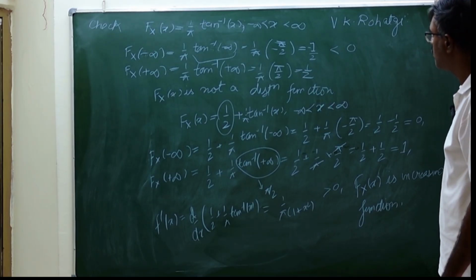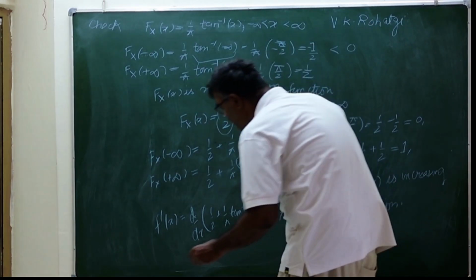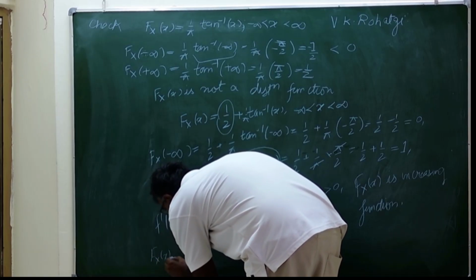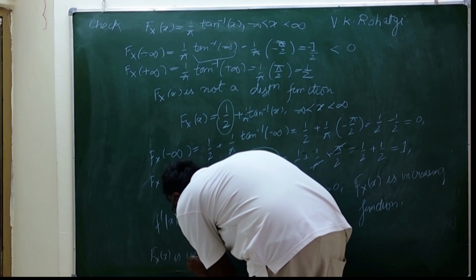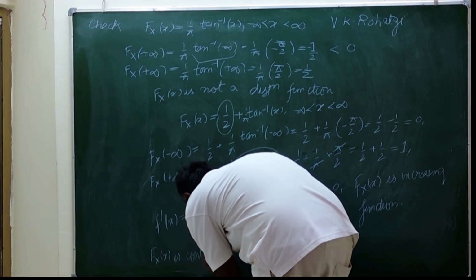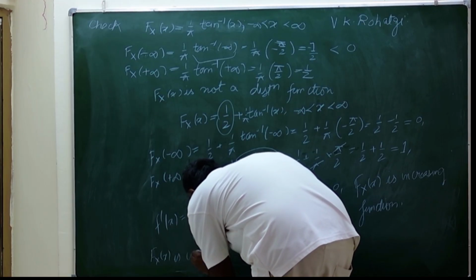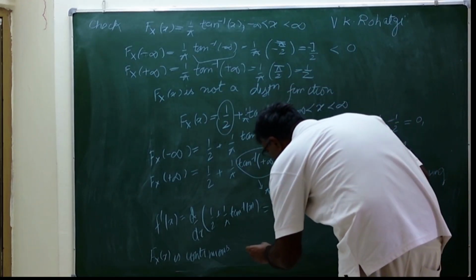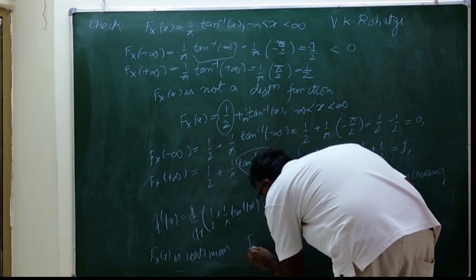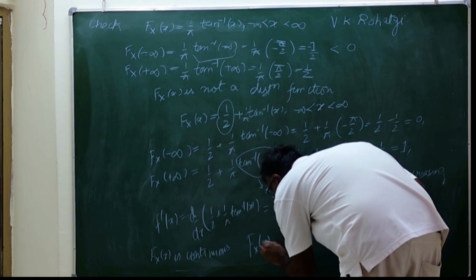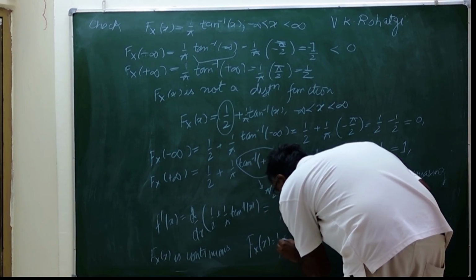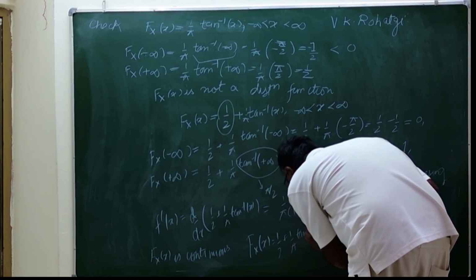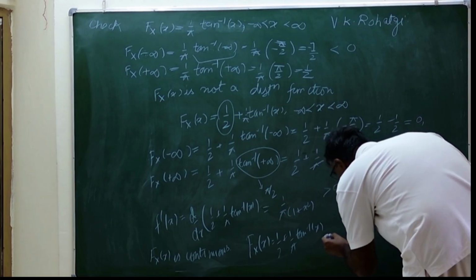Also f of x is continuous. So this f of x, which I have defined as 1 by 2 plus 1 upon pi tan inverse x, is a distribution function.